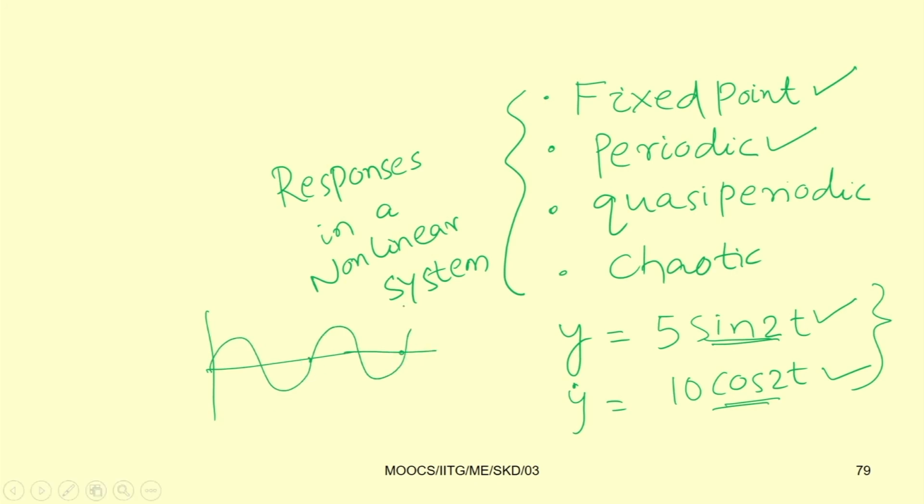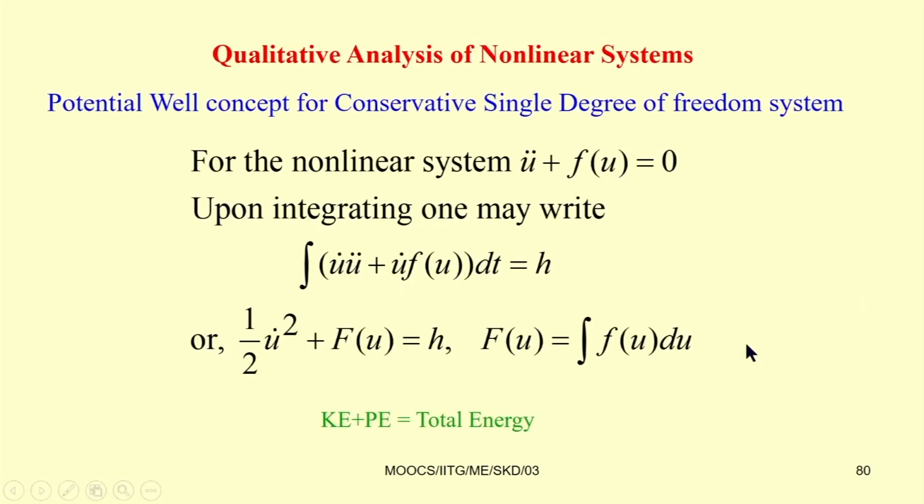So, it repeats after each cycle. This is y versus t, where the amplitude is equal to 5, as you are plotting sin 2t.